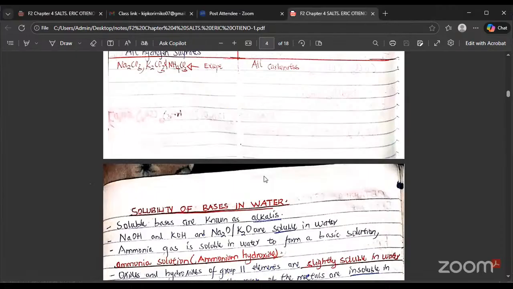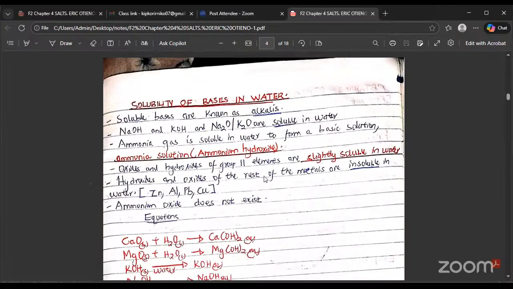Solubility of bases in water. So bases actually are salts. Bases are normally categorized as salts, but basic salts now. We had talked about that above. Yeah, those things that have OH group. So we have those ones that are basic salts, but bases mainly anomaly.